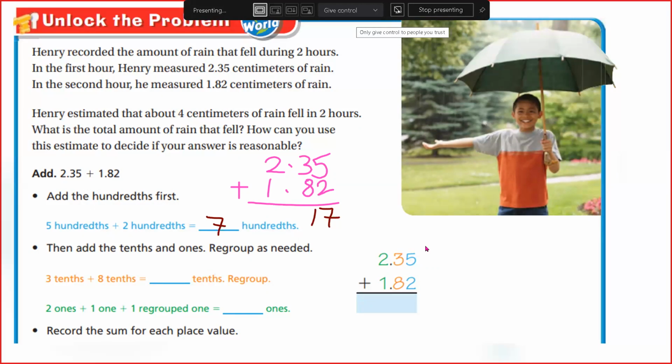So 3 plus 8, it's 11. So 1, and the second one, you have to write it up. Here we reach a dot, write it down, then continue. I said 11. 1 is here, and when the 1 is up, 1 plus 2, it's a 3 plus 1, 4. So then now it will be 4.17.